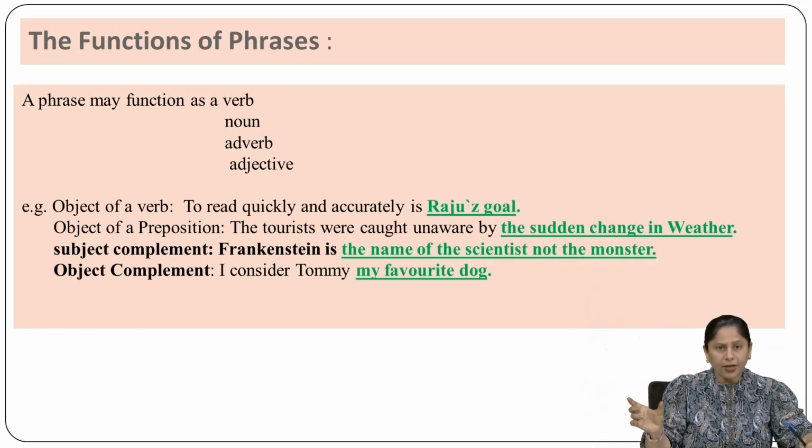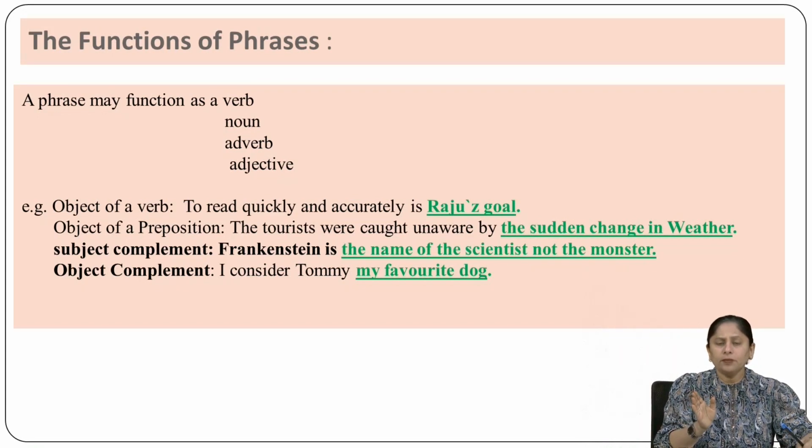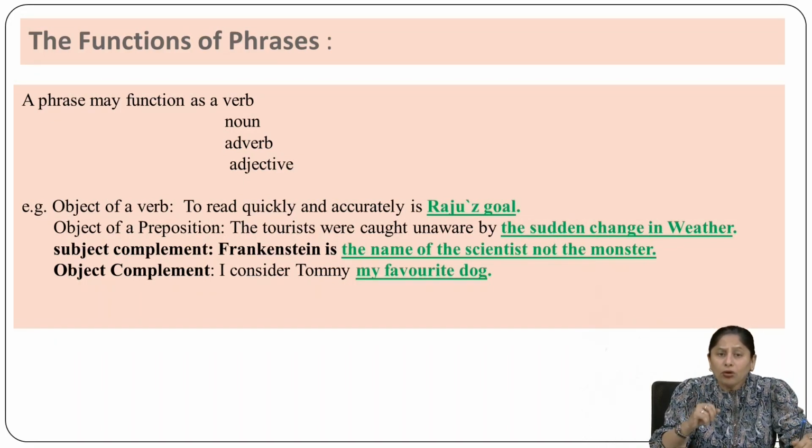That part is the phrase, and that phrase is utilized with particular prepositions, by the sudden change, then in, and all these particular words, the group of words, are known as they are coming in the object place, and they are object of the preposition. So how the phrases are functioned, how they are activating in the sentence, how they are working in the sentences, in the statements, that becomes very much important over here.